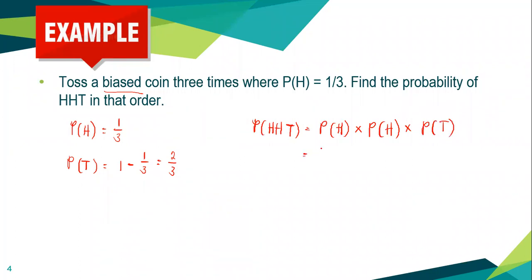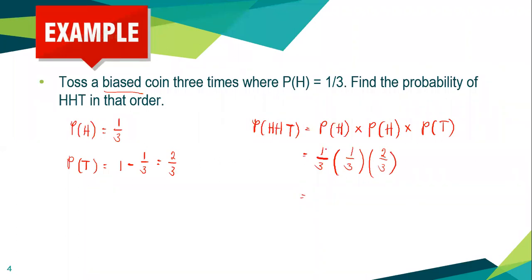Now, ang sabi, we have 1/3 for the probability of head times another 1/3 for the other head times kapag tail, we have 2/3. Okay? So we multiply this by 2/3.